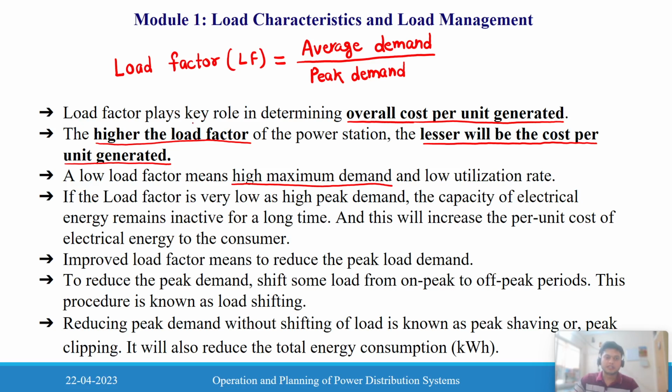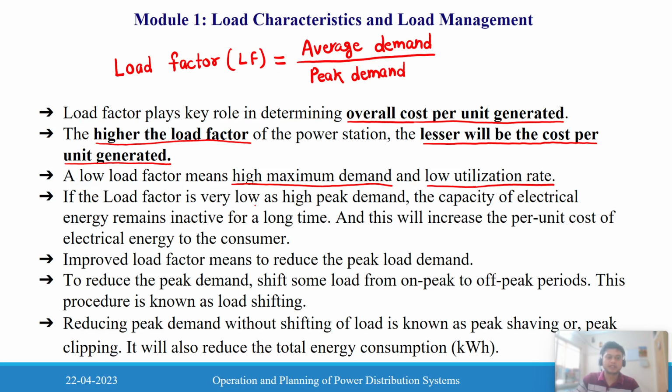So this peak demand decides the capacity of generation, and if this peak demand is high and we are having low utilization, this means average demand is lesser. So this leads to low load factor, and consecutively this will increase the overall cost.